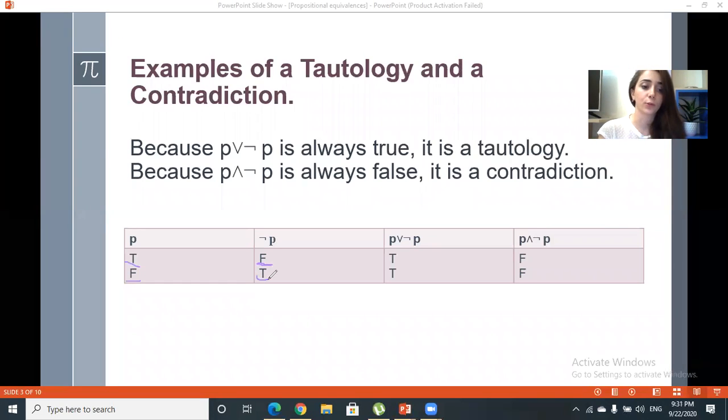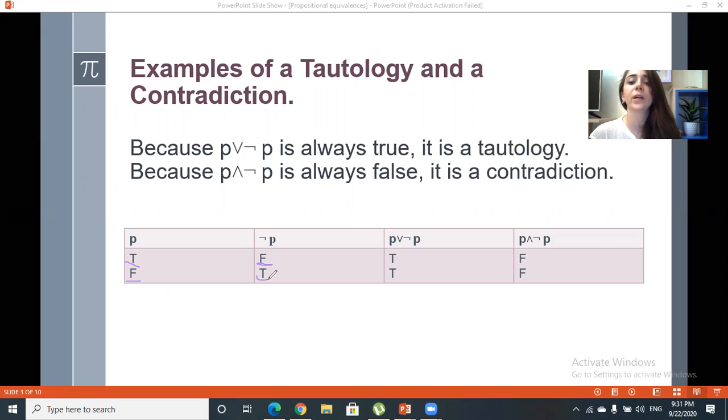Otherwise, it's false. Here, our first statement is true and the second is false, or the first is false and the second, negation P, is true. One of them is false, therefore our result is always false. So the conjunction of P and negation P is a contradiction.